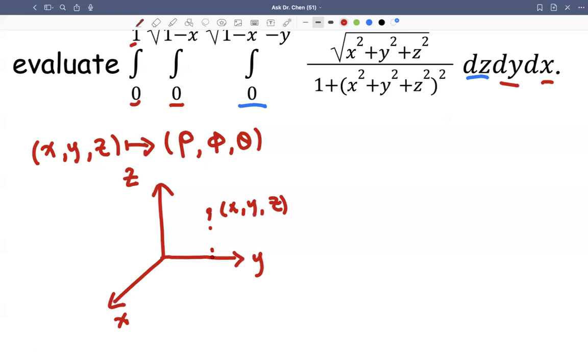The x value might be here, so this is our x value, and this is our y value, and this is our z value, right?